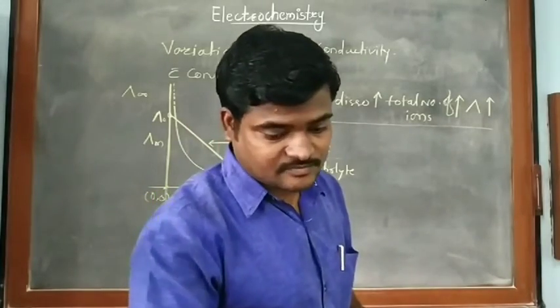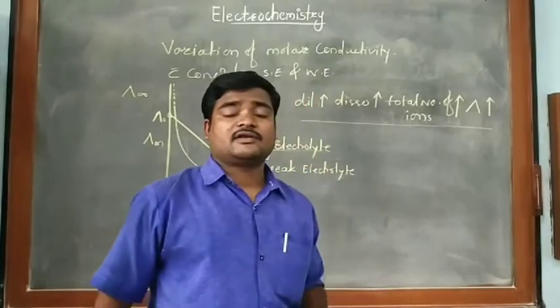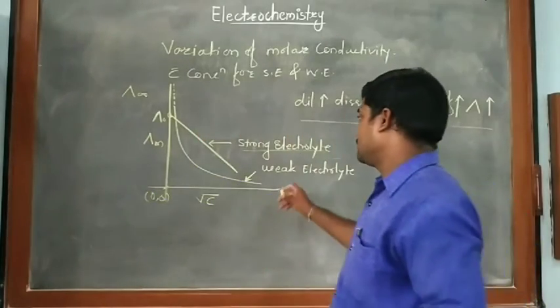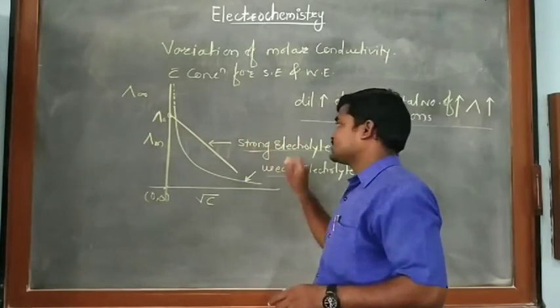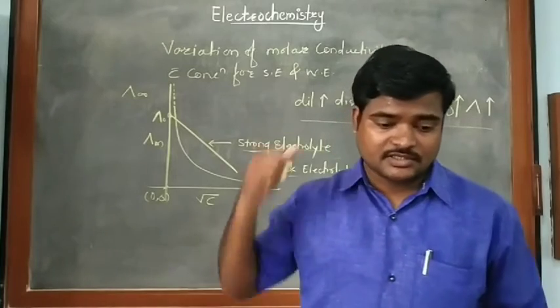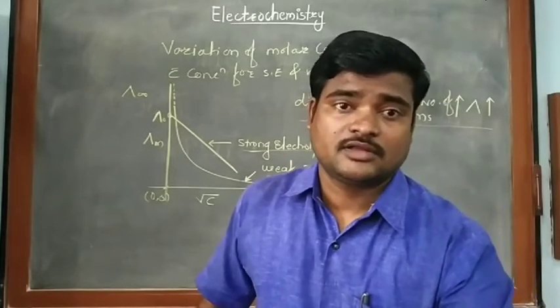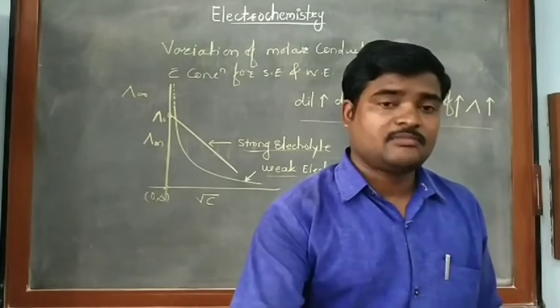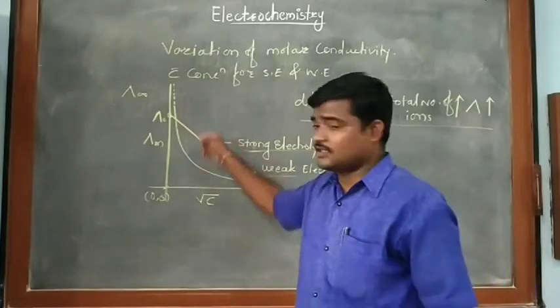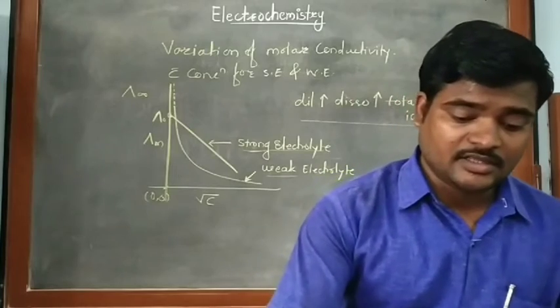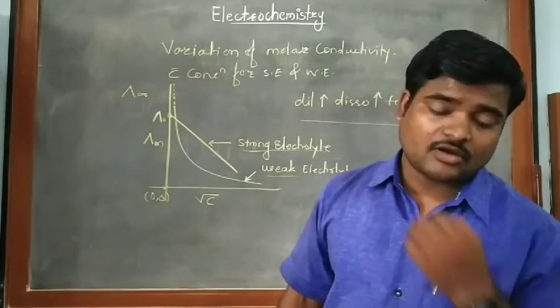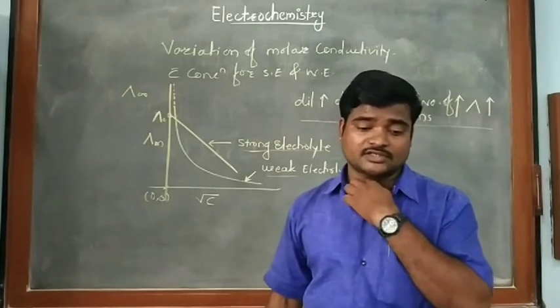This is the important thing which you have to differentiate between weak and strong electrolytes by using this curve. Lambda 0 values for strong electrolytes can be obtained by extrapolating this linear graph to zero concentration, or infinite dilution.